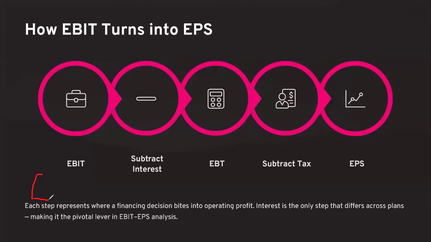So, the letters are E, B, I, and T. We'll first take care to eliminate the I, then we eliminate the T, and what we finally get is earning per share. And this is your EBIT EPS analysis. So they will ask you questions on this.